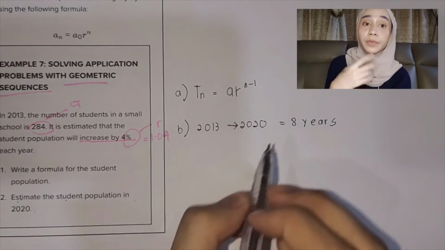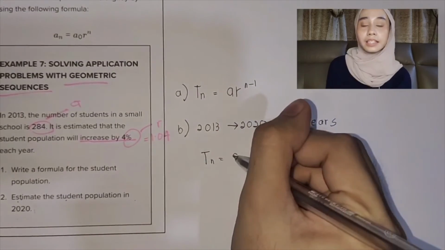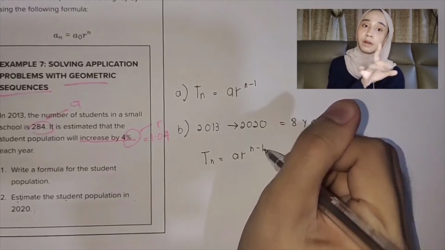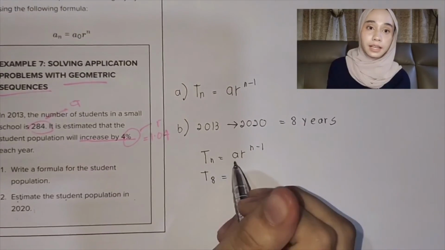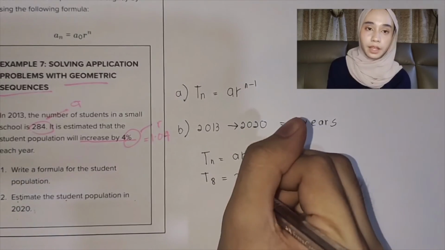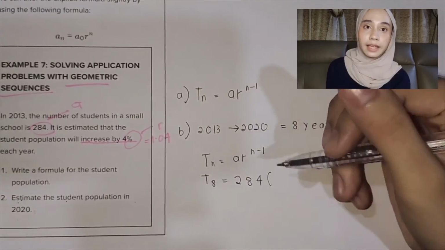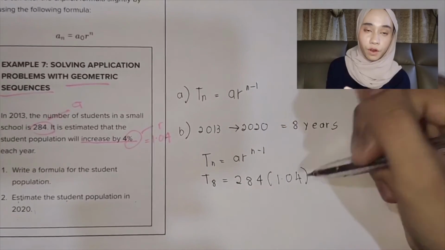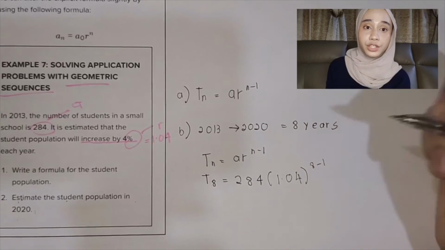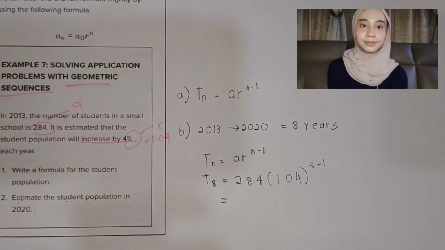Okay, now we bring out the formula as usual. So Tn equals a r to the power of n minus 1. Okay, so T at the 8th term, T8. So a is 284, and then r is 1.04, to the power of 8 minus 1.